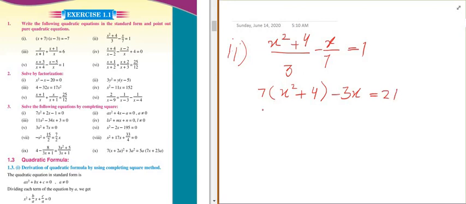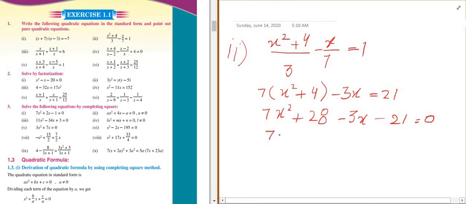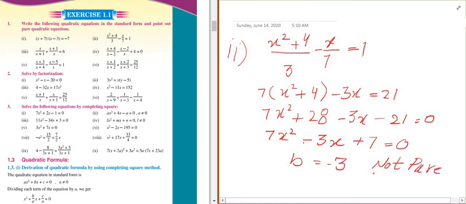LCM of 7 and 3 is 21. 7x square plus 28 minus 3x minus 21 equals to 0. It becomes 7x square minus 3x plus 28 minus 21 is plus 7 equals to 0. In this equation b equals to minus 3, b is not equals to 0, so it is not a pure quadratic equation.